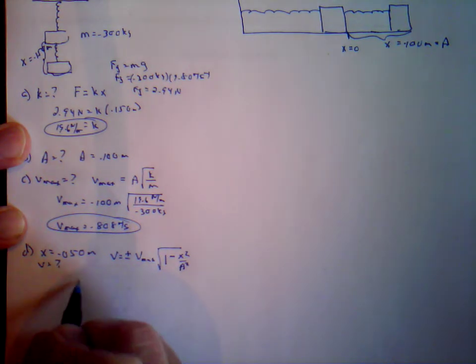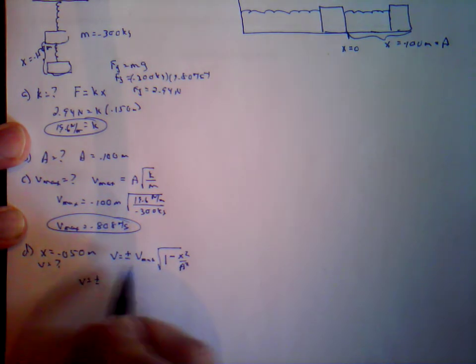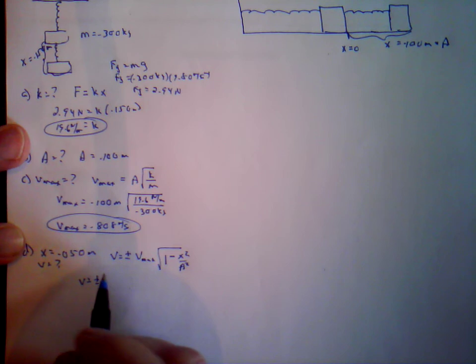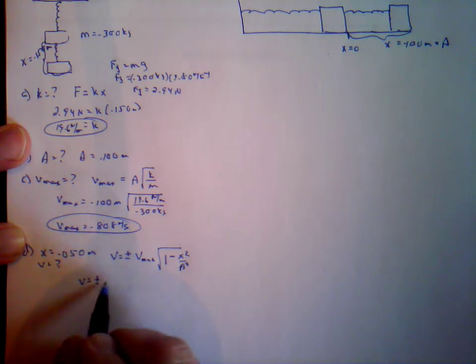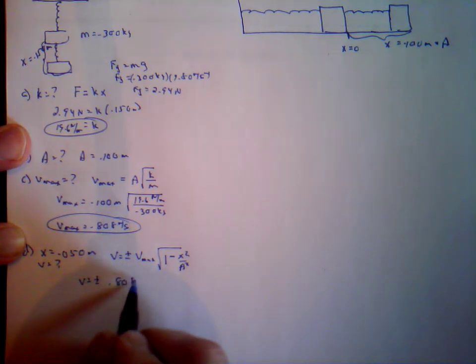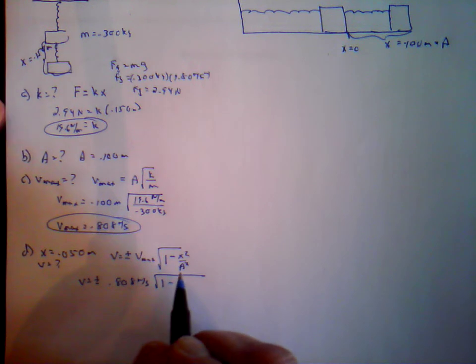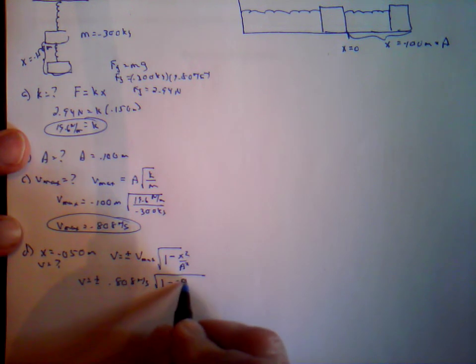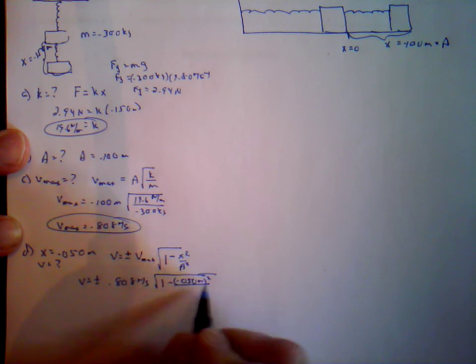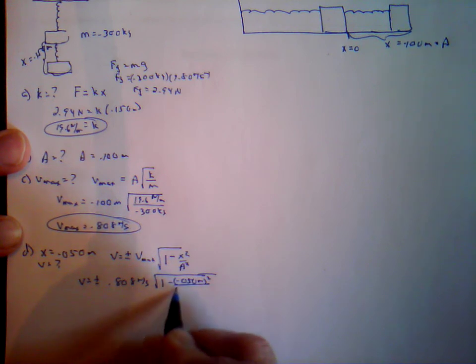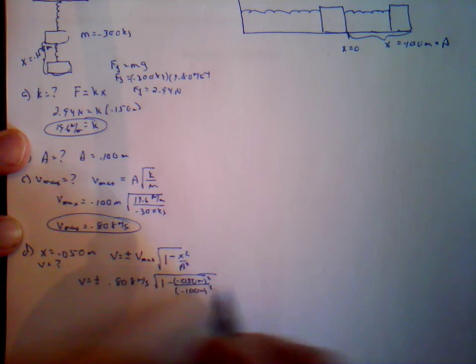Put these values in, that velocity is equal to plus or minus, I'll explain why it's plus or minus here in just a little bit, besides just the mathematical reason. This is going to be 0.808 meters per second times the square root of 1 minus x, where x is 0.050 meters, don't forget to square that, divided by A, which is 0.100 meters, all squared.